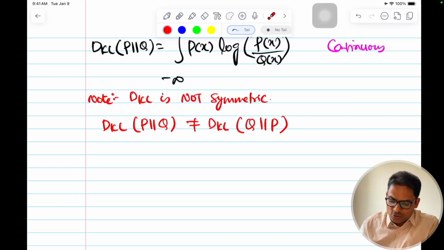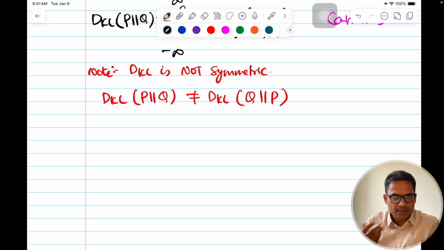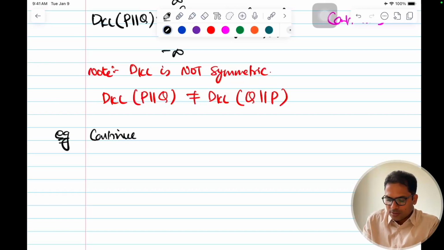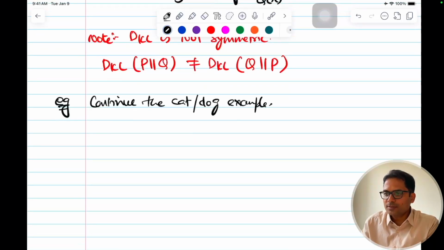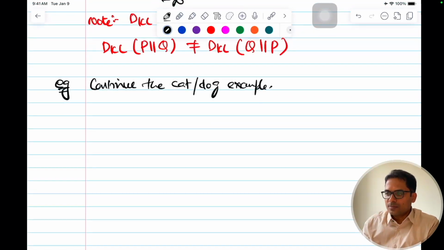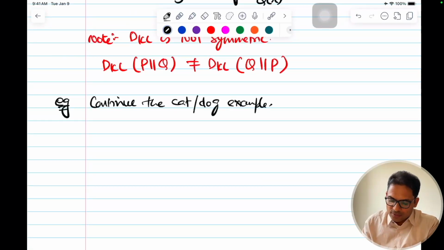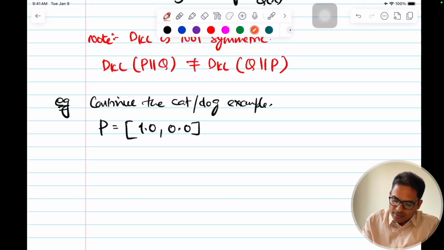Let's understand this by doing the maths so that it becomes very clear. Let's continue the cat/dog example using the same setup. The model is trained to classify, and the actual P is 1.0 for cat and 0.0 for dog.